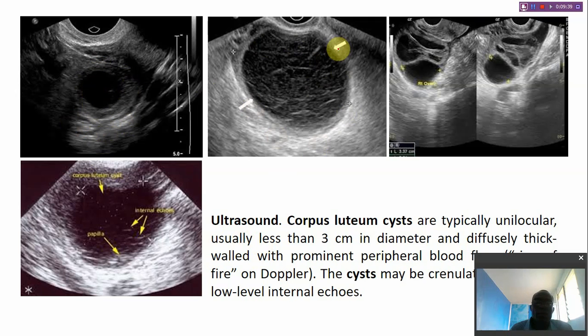This is a more dominant follicle here. In this ovary, the egg is released, producing the corpus luteum. So you can see these are the internal echoes of a corpus luteum, as after the egg has been released.